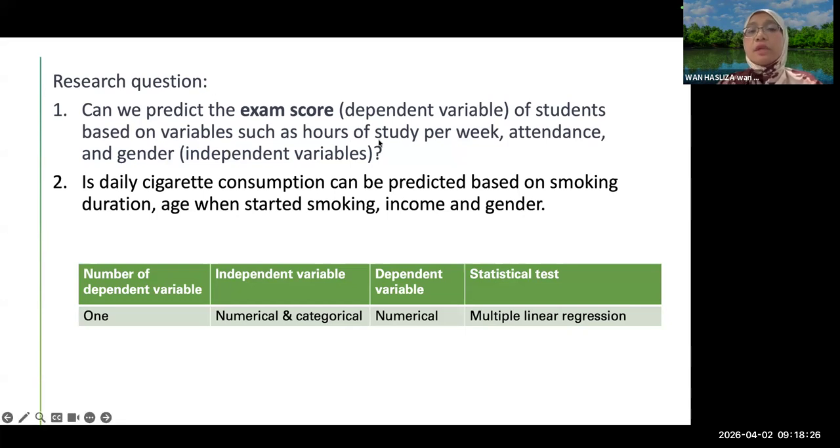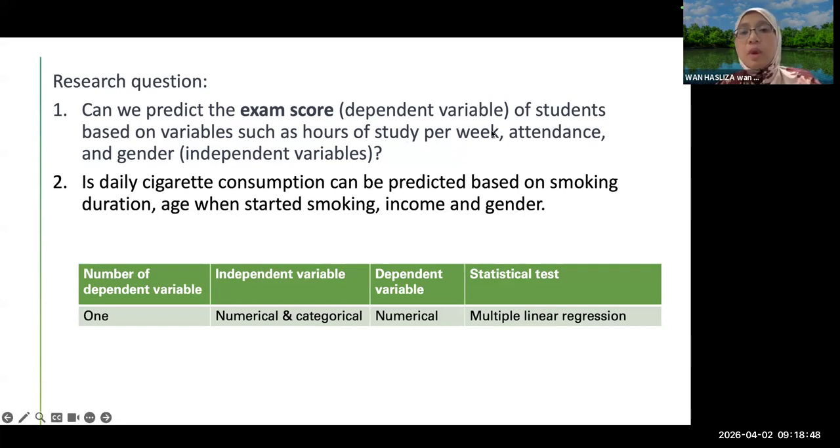Now I have three independent factors, which are hours of study, attendance, and gender. I mix hours of study, which is numerical, attendance, maybe the frequency, which is numerical, and gender, which is categorical.